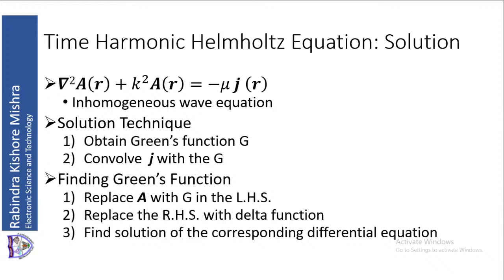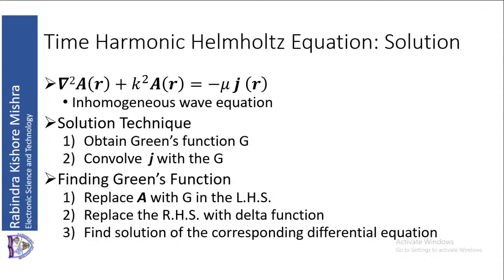If the right hand side is a Dirac delta function in the above equation, then we say that this equation solves the wave equation for a Green's function. So A, the potential function, now becomes the Green's function.